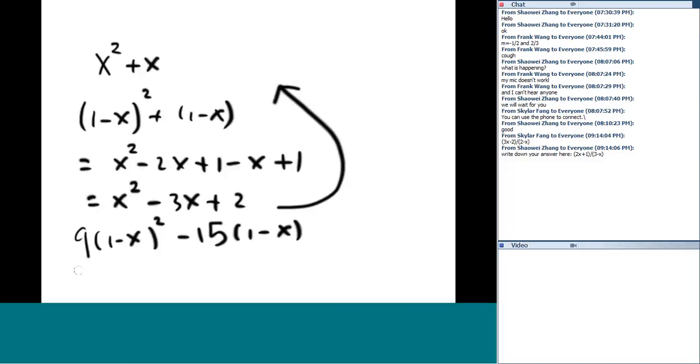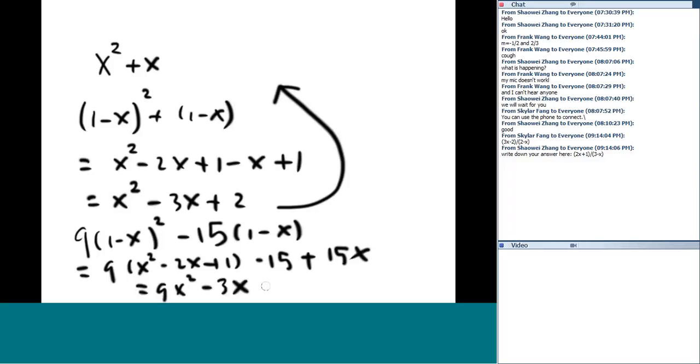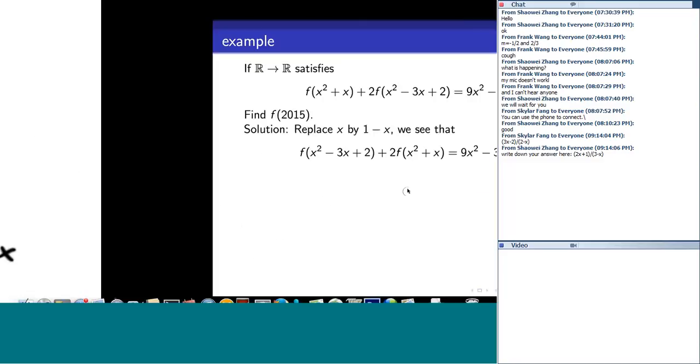It becomes 9x squared minus 18x plus 9, then minus 15, then plus 15x. Going to be 9x squared minus 3x minus 6. So that's what it is.